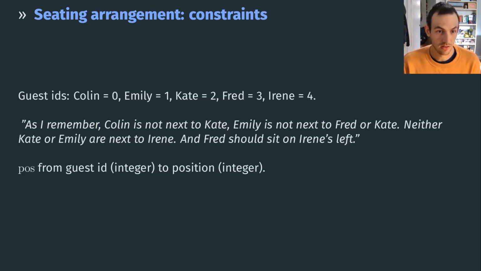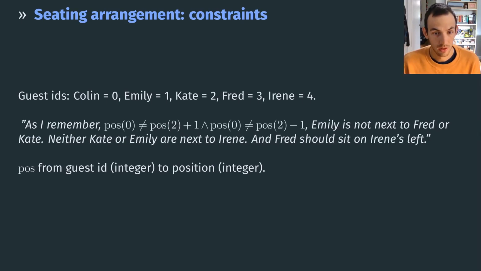So first let's convert our guests to simple integers. Colin is 0, Emily 1, Kate 2, Fred 3, and Irene 4. And then we're going to translate this English sentence into a formula using the position literal that we have. So as I remember, Colin is not next to Kate.